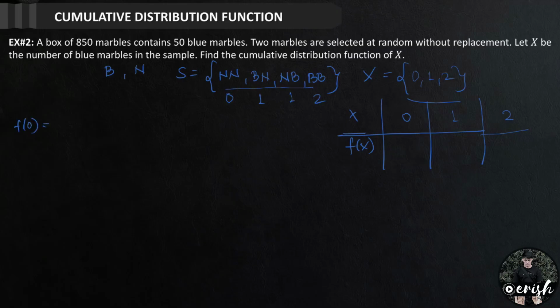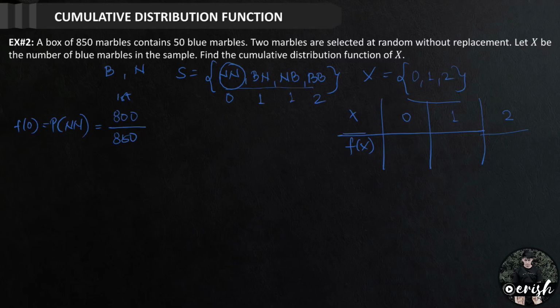For f of 0, probability ng, ito yan, ng NN. Say, probability of NN. And again, 2 selections, N and N, ibig sabihin, multiplication ulit ang gagamitin natin by the principle ng and at saka yung or natin. In selections natin, meron tayong condition na without replacement. Ang total number ng marbles natin is 850. Say, ito yung ating first selection. Wala tayong mapipili. Ang total number ng marble na hindi blue is 800.